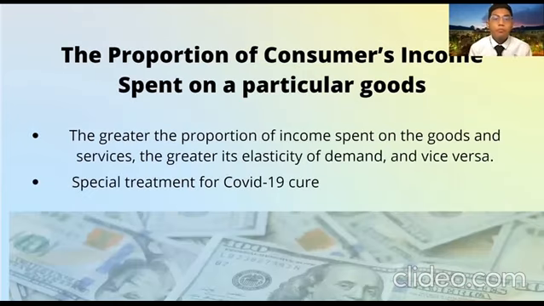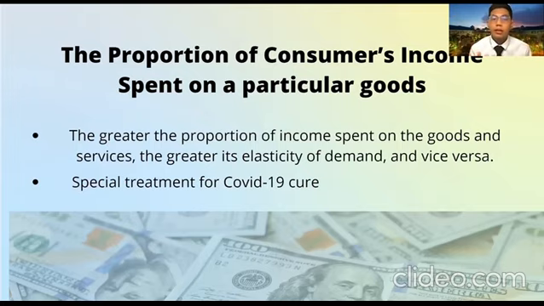Next, the proportion of consumers' income spent on a particular good. For this determinant, the important point is the greater the proportion of income spent on goods and services, the greater its elasticity of demand, and vice versa. In other words, the more money we spend on a particular product, the more elastic the product will be.